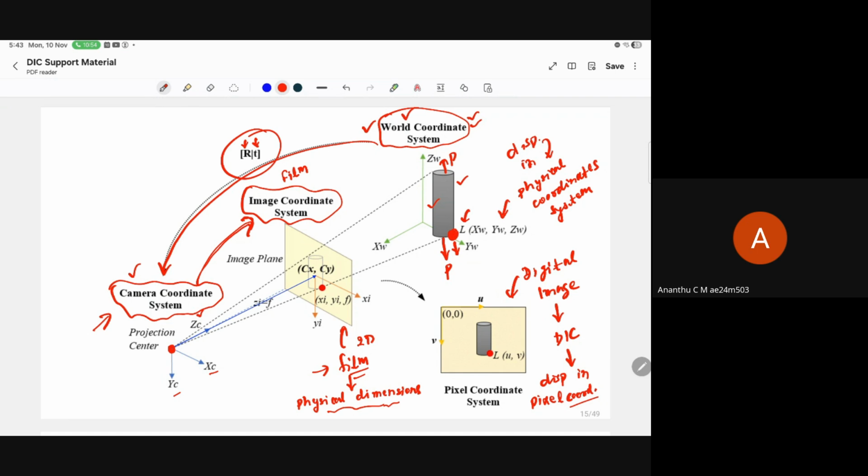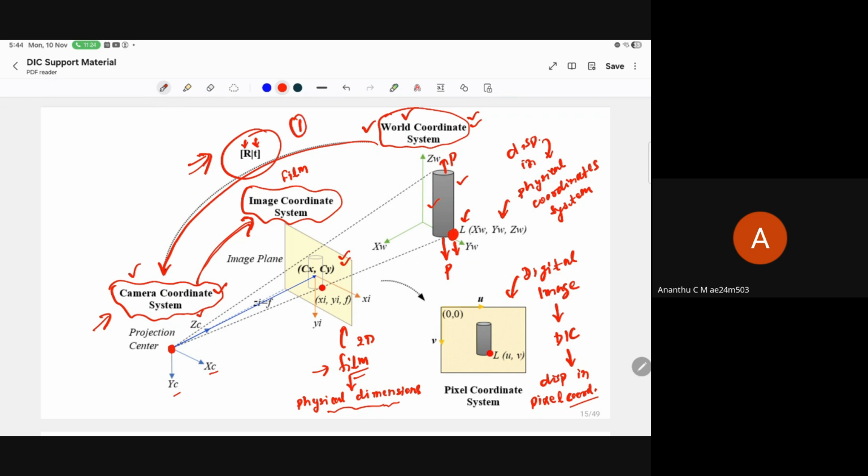To understand the location and orientation of the camera, you have to find out this rotation matrix and translation vector. With their help, you can find where the camera is located in the world coordinate system. And then when you are in the camera coordinate system, you have to relate it with the film coordinate system, right?